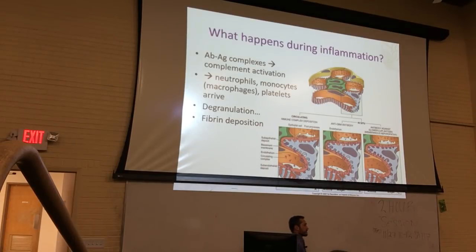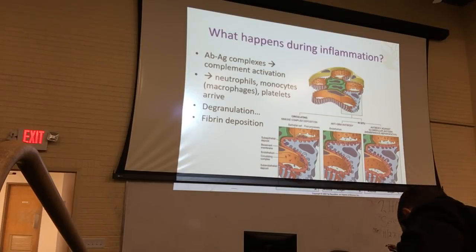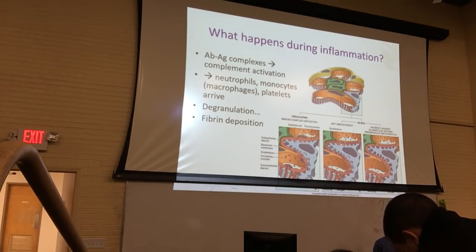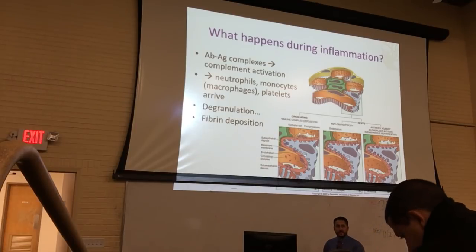You get degranulation that takes place, right? You get long-term release of growth factors and cytokines, and so eventually you deposit scar or fibrin at the basement membrane of the glomerulus. That's the end phase of glomerulonephritis as an inflammatory instigator.